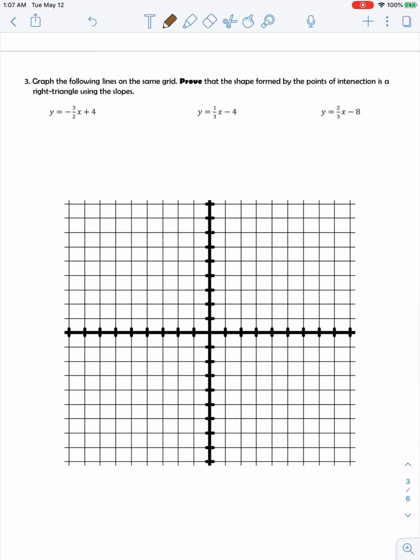Graph the following lines on the same grid. Prove that the shape formed by the points of intersection is a right-angled triangle using slopes. So I'm going to do the second part first. The slope of this one is -3/2. The slope of this one is +1/3. The slope of this one is 2/3.